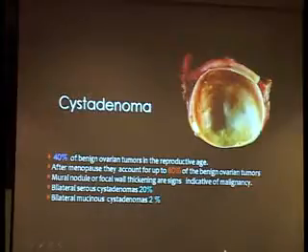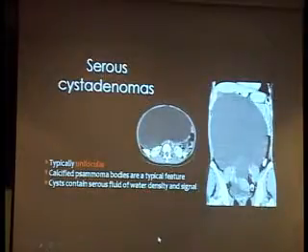In cystadenoma, we have 2 types, the serous type and the mucinous type. The only difference between both is the serous type is usually a single cavity, while the mucinous type is a multilocular cavity with different contents of the different loculi. And this is one of the helpful criteria to separate both.